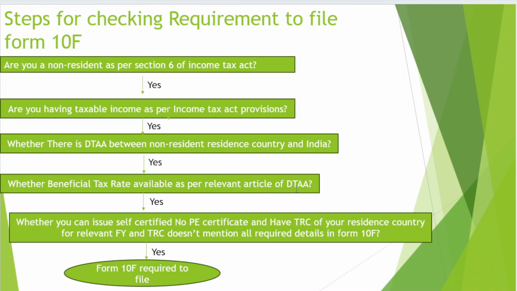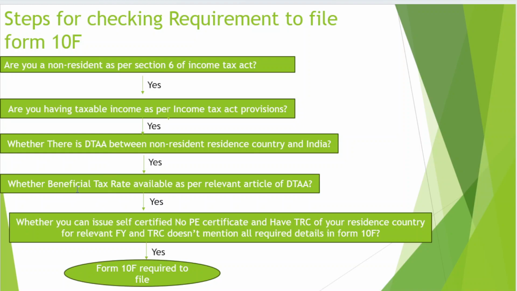Like in my previous example of royalty income, a 20% TDS rate was applicable on a non-resident as per the Indian Income Tax Act. But as per the double taxation avoidance agreement, say the tax rate is 10%. The more beneficial is 10%.